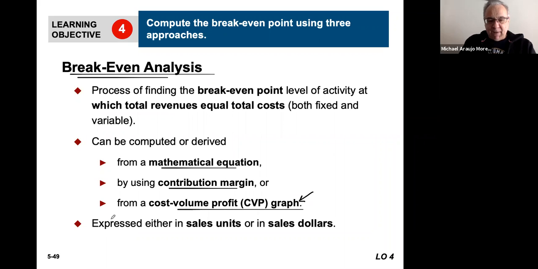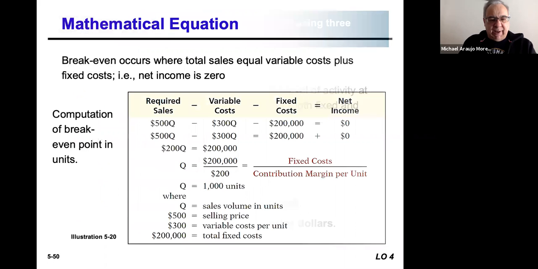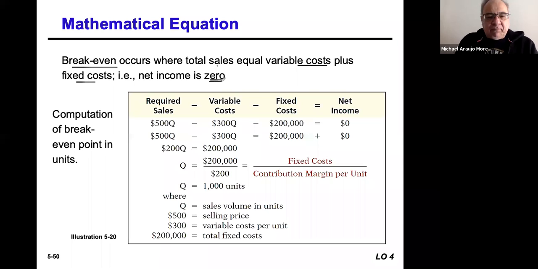Break-even analysis is often expressed in the number of units we have to sell or the number of dollars, etc. But you will see that play out. So again, break-even occurs when total sales and total costs, both your variable and fixed costs, equal 0.